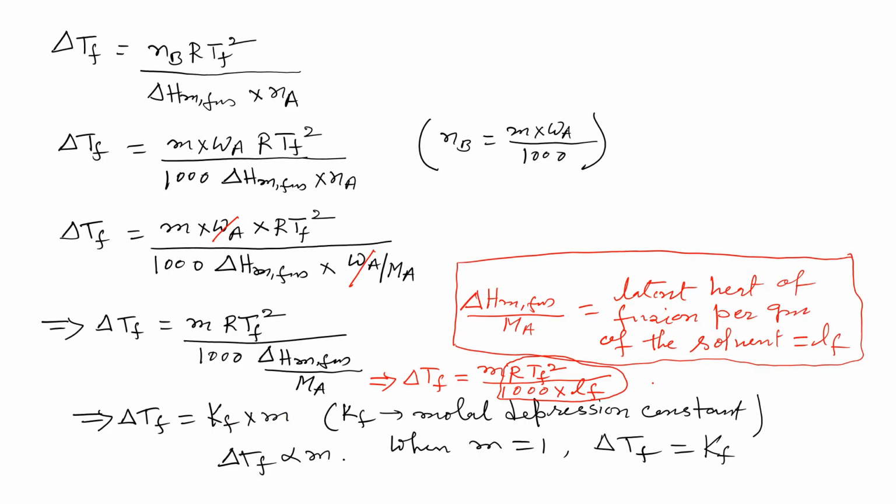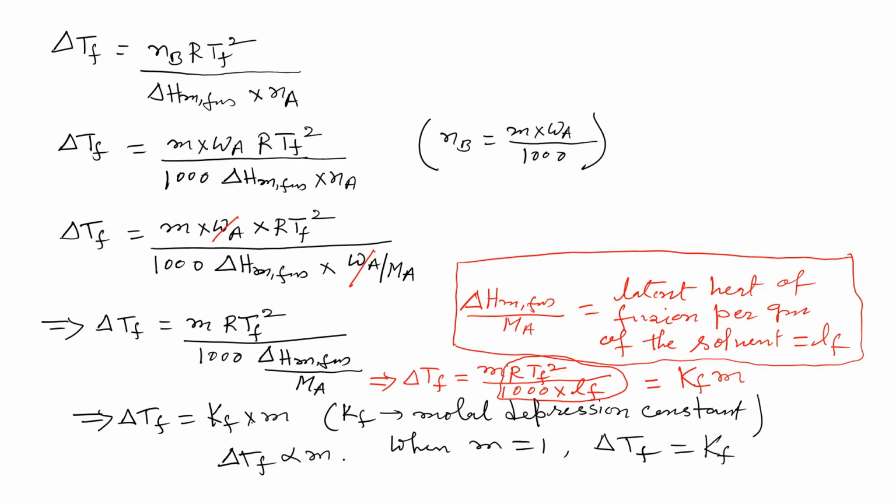Here I'll write this is some constant which is known as the molar depression constant, into M. So delta TF is KF, the molar depression constant, into M. That means depression of freezing point is directly proportional to the molality of the solution.